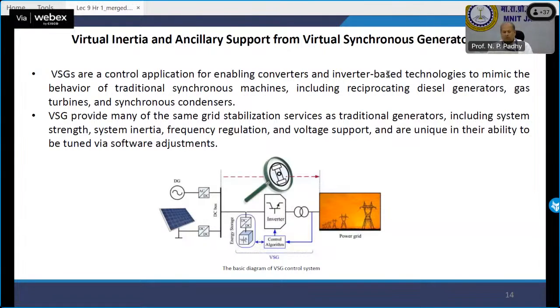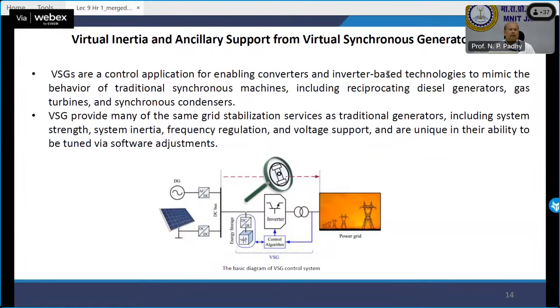So a virtual synchronous generator is nothing but a power electronics device concept which mimics my synchronous machine. So VSGs are a control application for enabling converters and inverter-based technologies to mimic the behavior of traditional synchronous machines, including reciprocating diesel generators, gas turbines, and synchronous condensers.